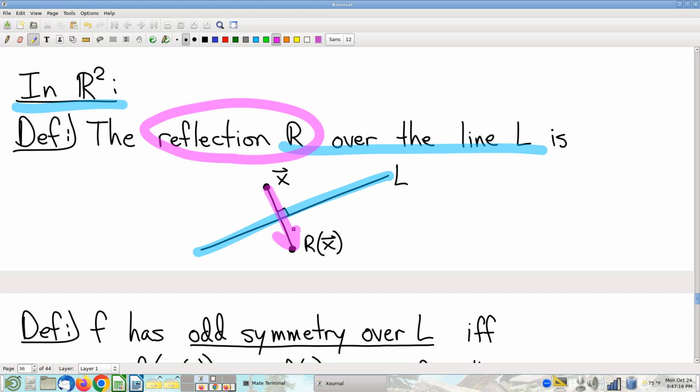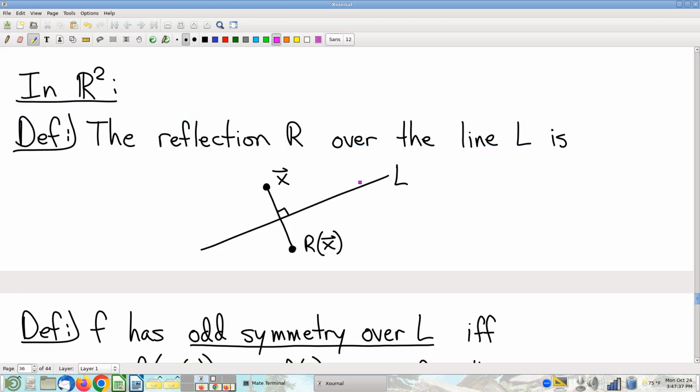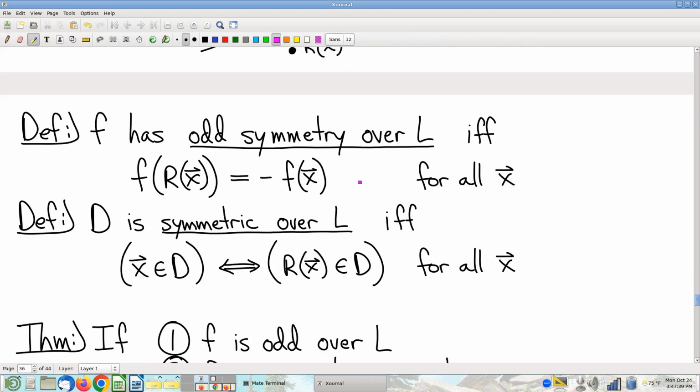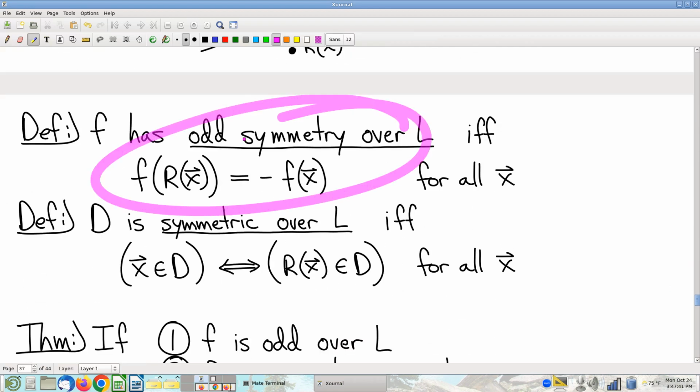If the line is the mirror, and if you're at X, then your image, your reflection in the mirror is where R of X is. Right? You might say that it's a location such that this line segment is perpendicularly bisected by the original line. Okay, so that's our 2-dimensional notion of a reflection. We can define odd symmetry in the exact analogous way.